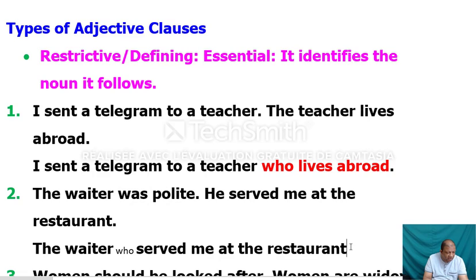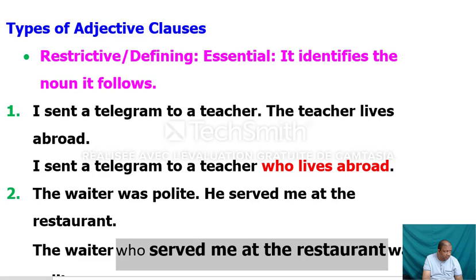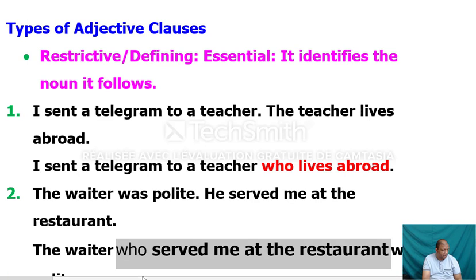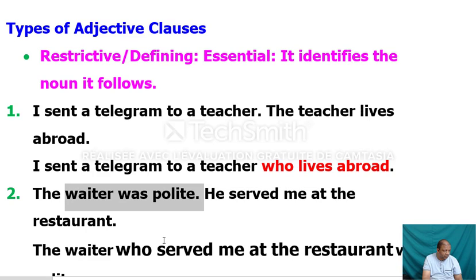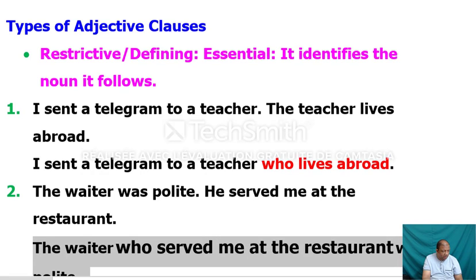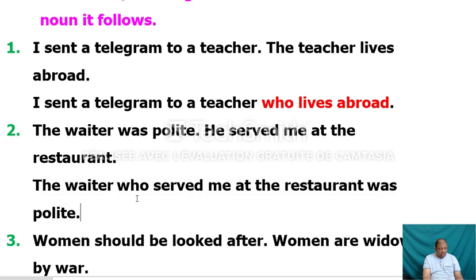So this is the answer. Therefore, the relative clause is who served me at the restaurant. The adjective clause or the relative clause is who served me at the restaurant.